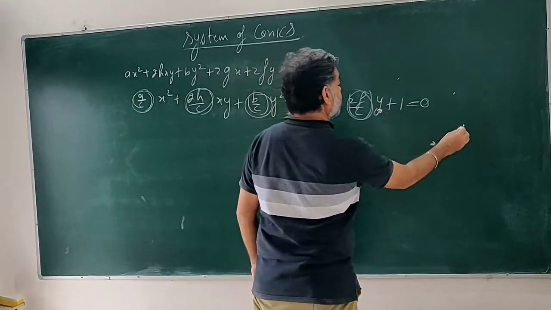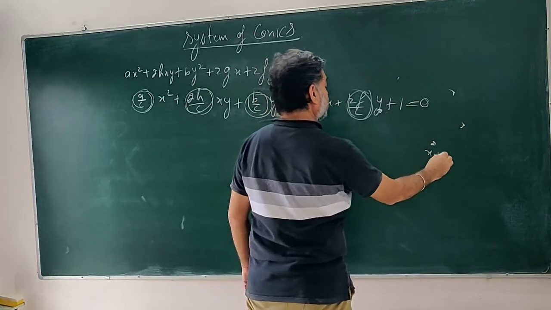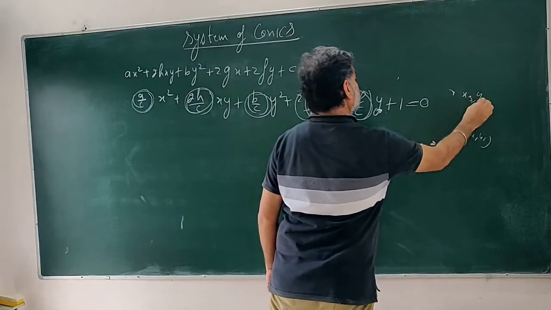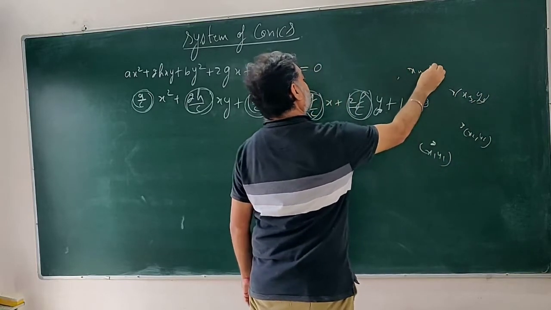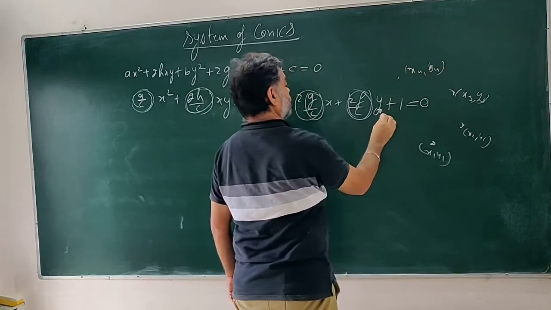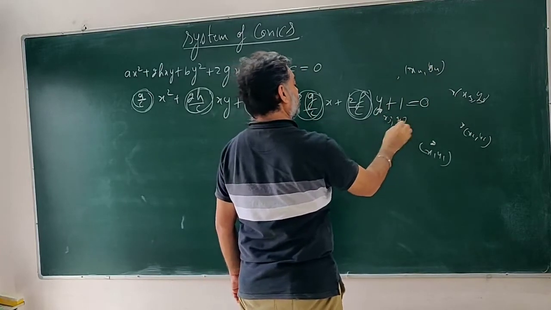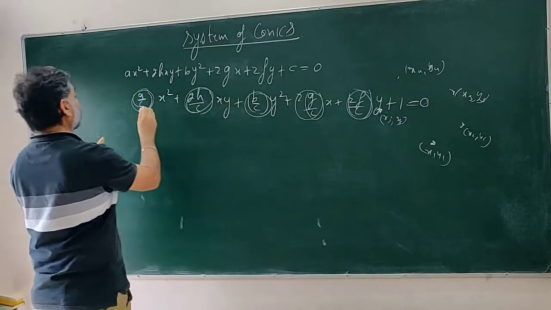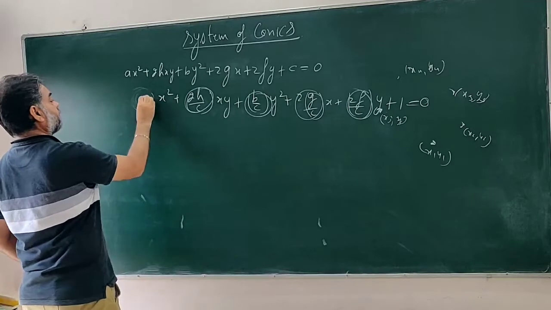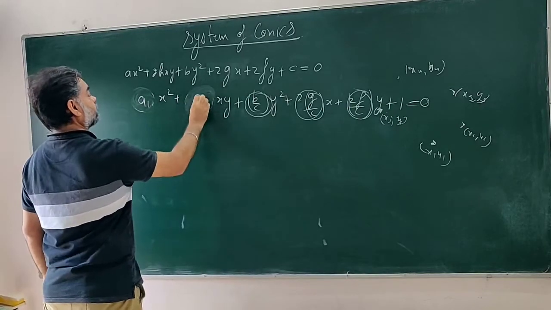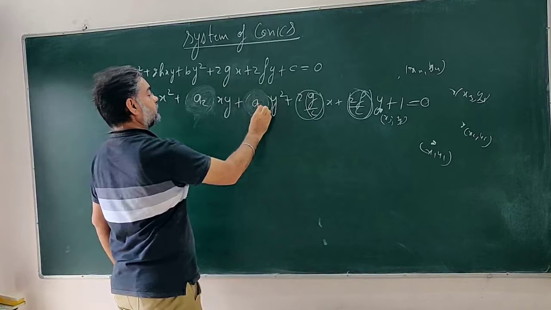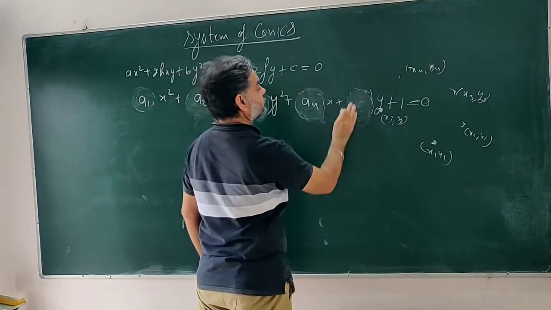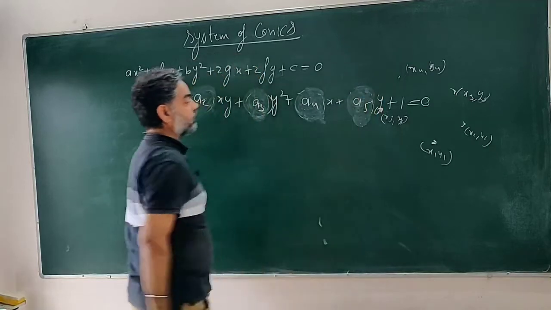So if you have 5 points, say (x1, y1), (x2, y2), (x3, y3), (x4, y4) and (x5, y5), and suppose we call these constants A1, A2, A3, A4 and A5.